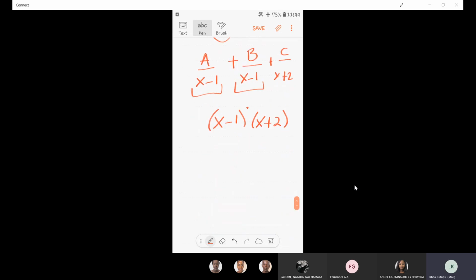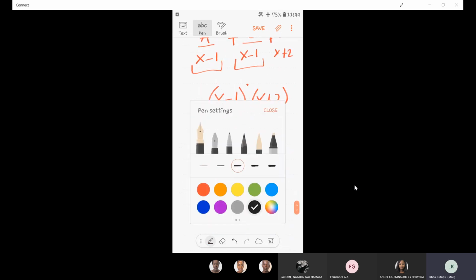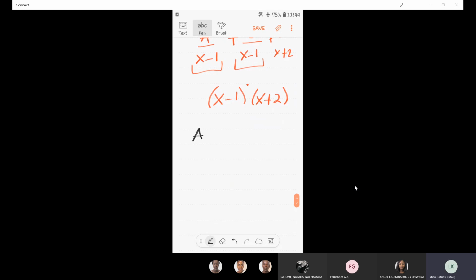That means the degree is 1. Now the way that I do this, I will say A over x minus 1, and then B over x minus 1 squared, and then C over the second factor.